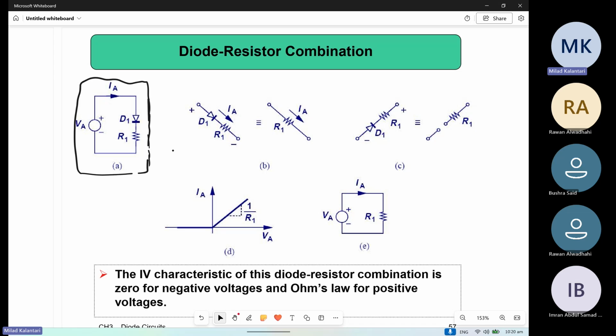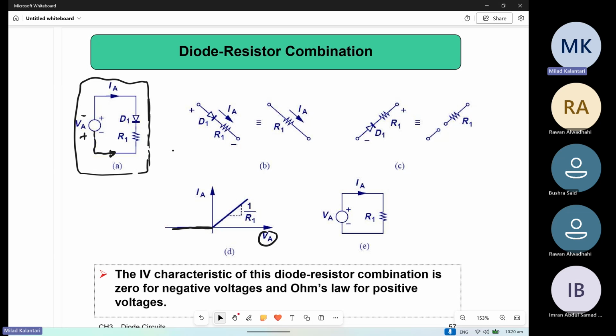Once the VA is negative, the polarity is like this. The current, if supposed to move, is in this direction, and the diode doesn't allow it. So once the VA is negative, the current is zero.